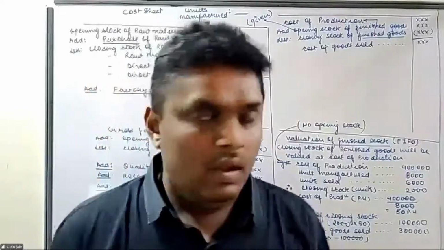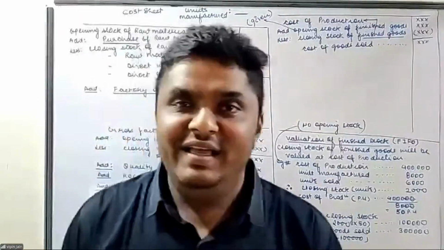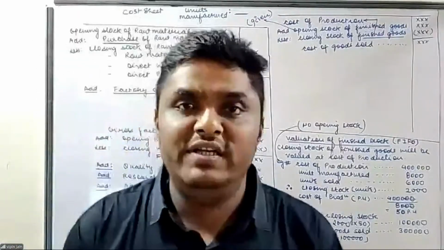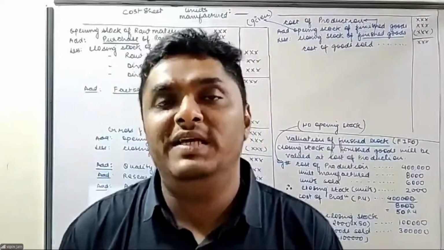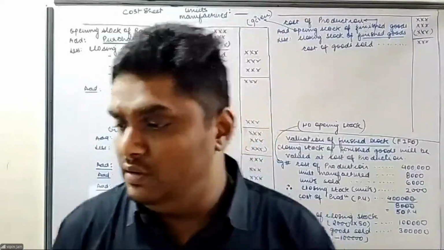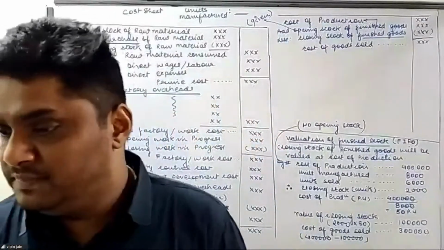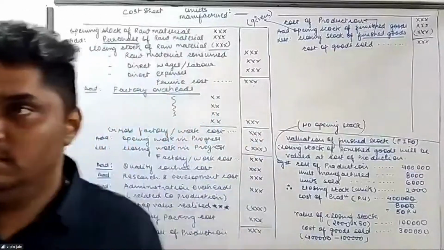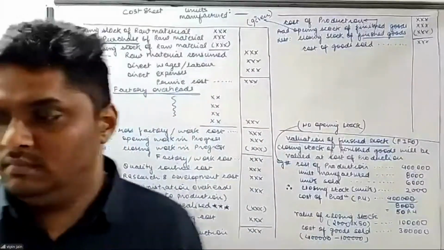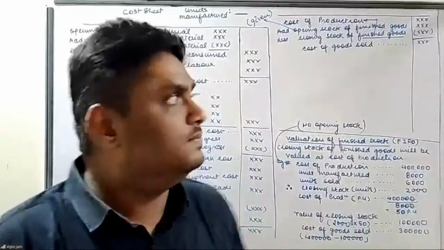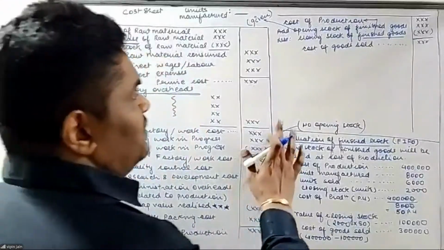Okay, so I repeat again, guys. If opening stock is given in the question, we have to add the value of opening stock and the units also. So we are done with the cost of goods sold.